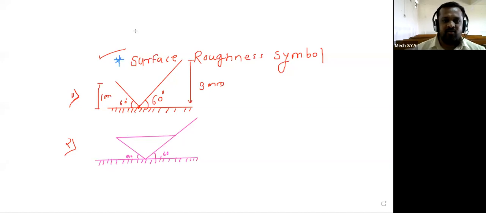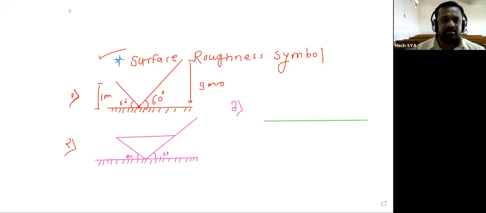Now we are going to draw symbol number 3. See here, I'm going to draw symbol number 3. Again we have to draw the surface here.